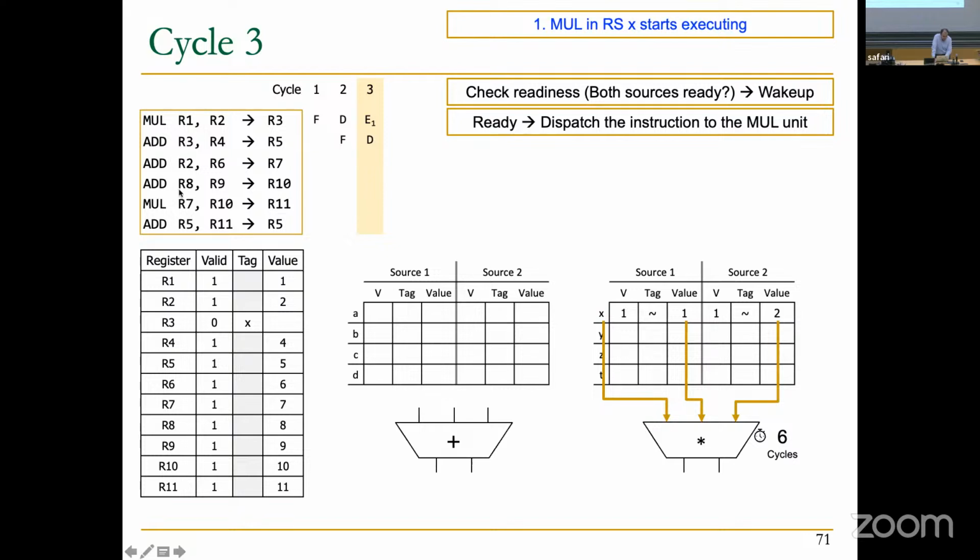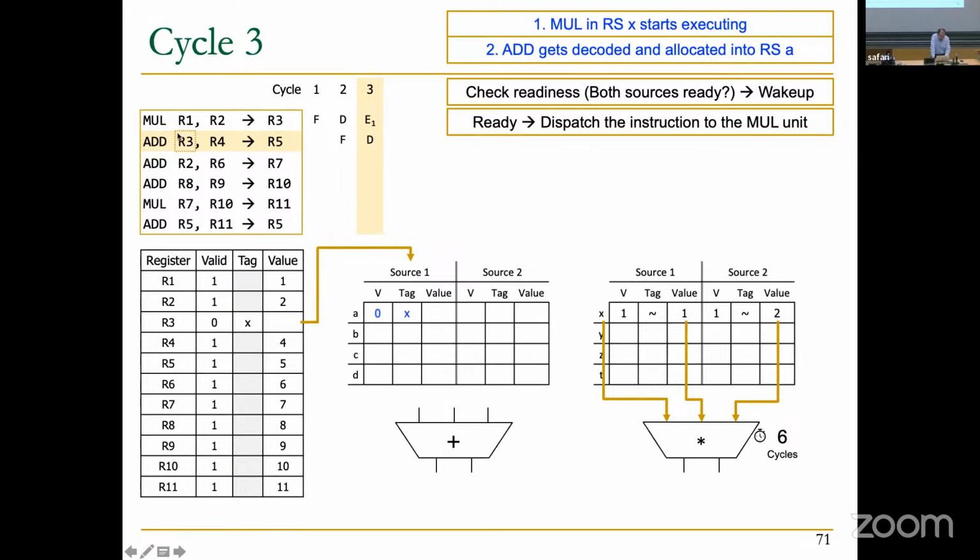So we need to access and read R3 and R4. So we check the reservation station, and since we have free spots, we use this reservation station entry A in the addition functional unit.